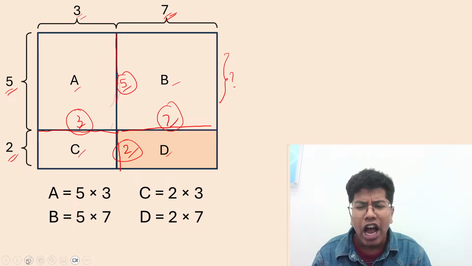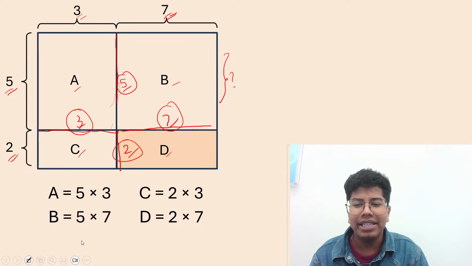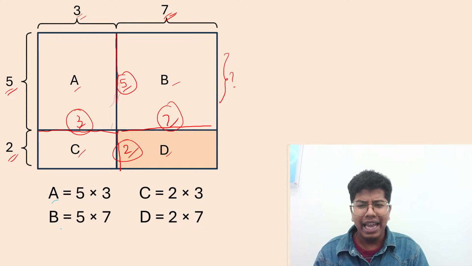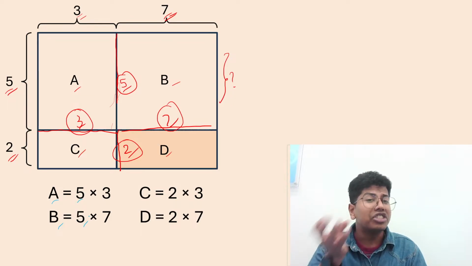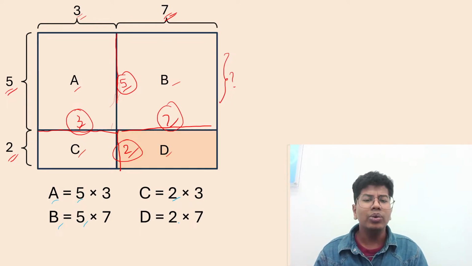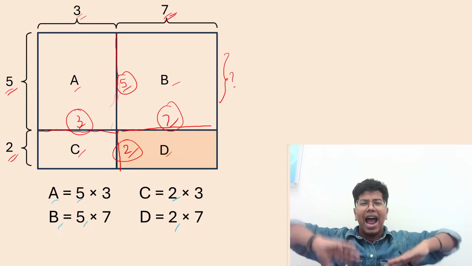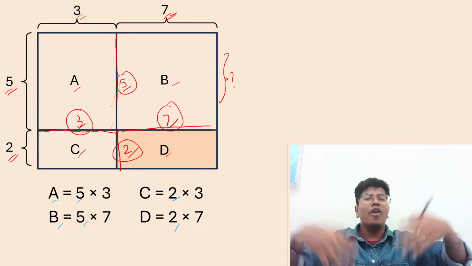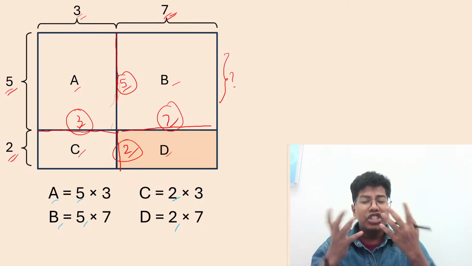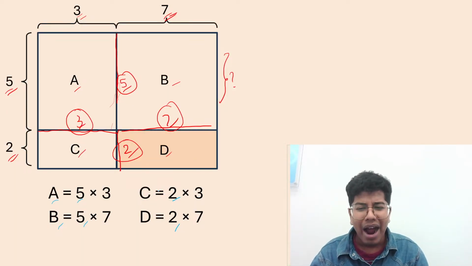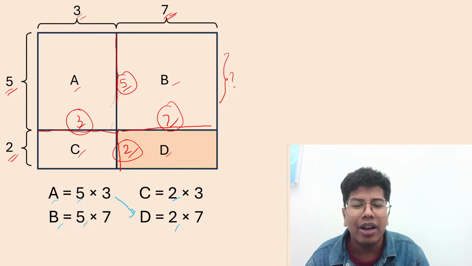In A and B, you can see it's 5 and 5, which is the same. In C and D, 2 and 2 is the same. So regarding the same sides, one part is shared. But let's compare the ones that are opposite.